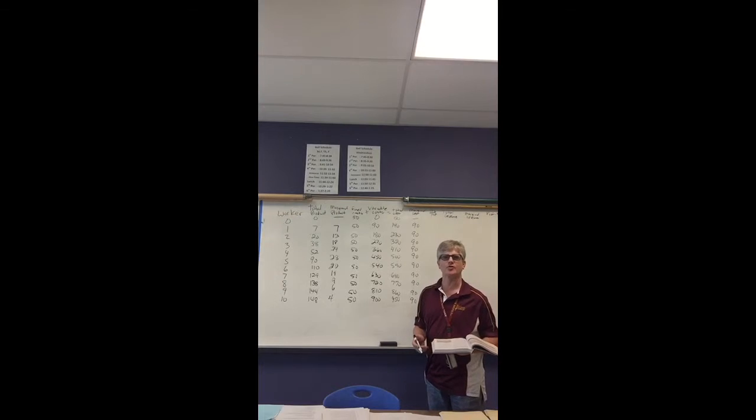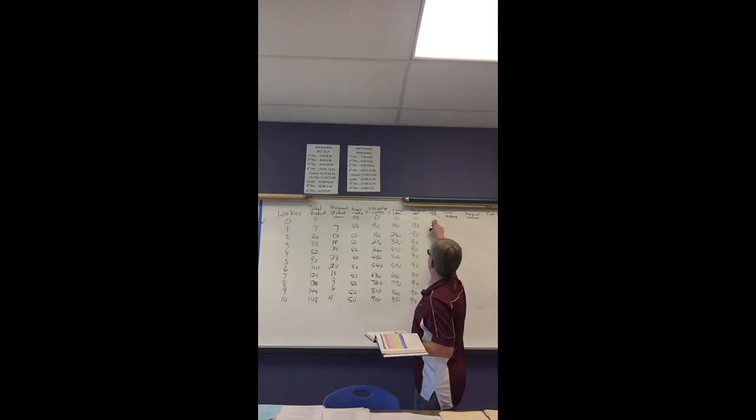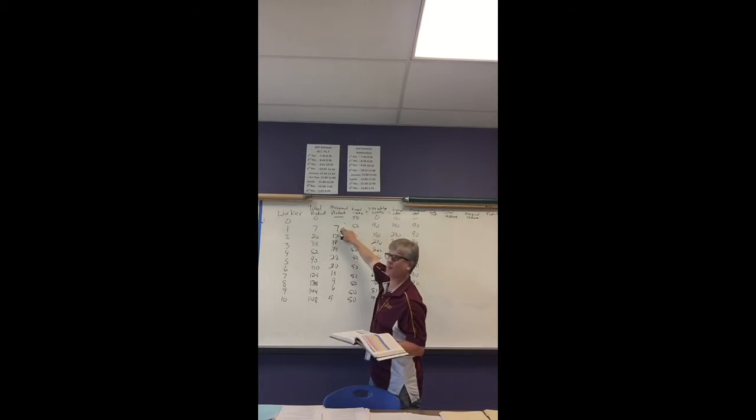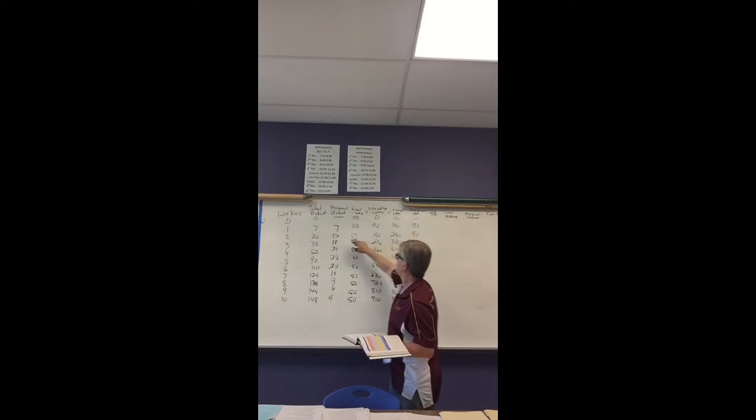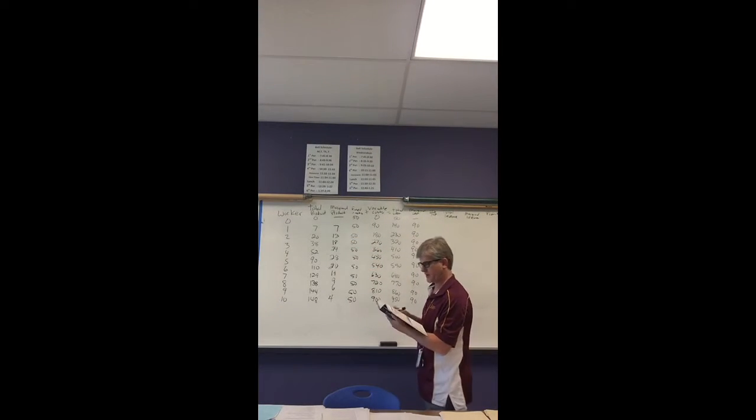Now we're going to go ahead and try to find the marginal cost per marginal product. So it says MC over MP. You're going to divide 90 divided by 7, 90 divided by 13, 90 divided by 18, and so on.